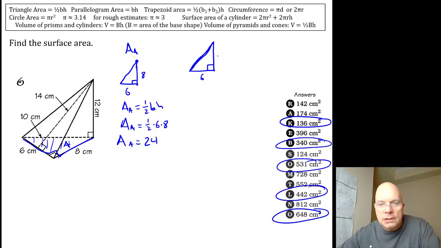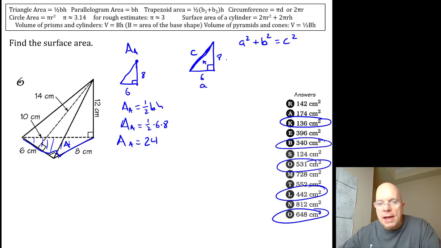If you have a right triangle and you know these two shorter sides, there's a formula called the Pythagorean theorem. It goes like this: a squared plus b squared equals c squared. The longest side must be opposite the largest angle. And so the longest side is called the hypotenuse, and that's c.